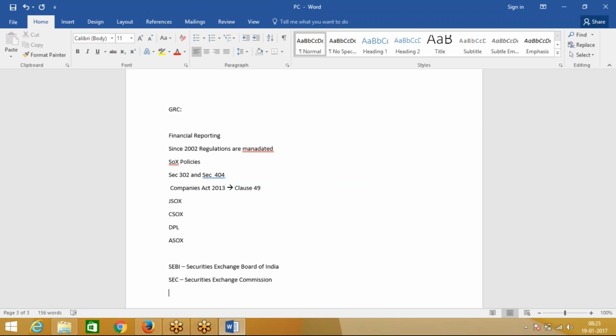Public money and other investors are going to invest. So to build confidence in the investors, they follow these regulations, so that there is a clear picture at the financial reporting level. This is the main thing.